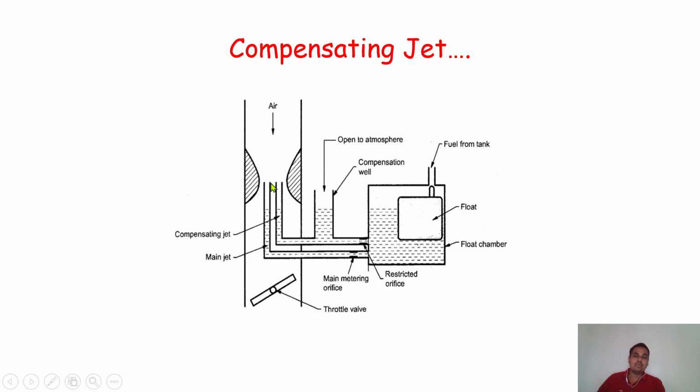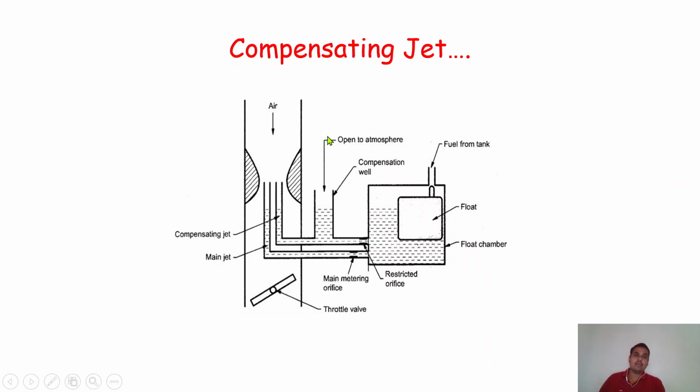Through the two nozzles more fuel will come up inside the throat section and a richer mixture is supplied to the engine cylinder, or we can say the required amount of rich mixture. So this is the additional system present along with the regular simple carburetor system.